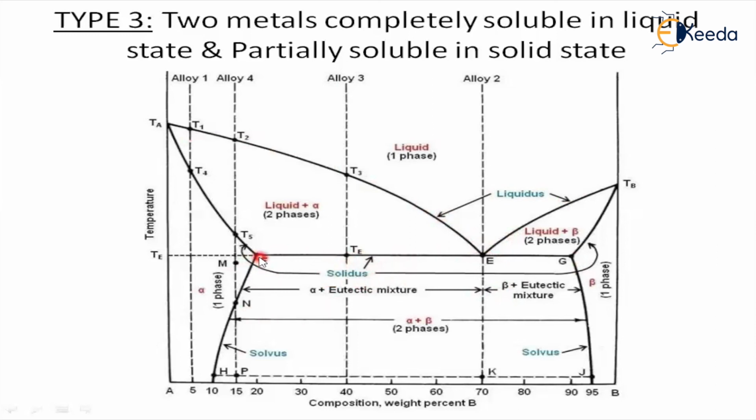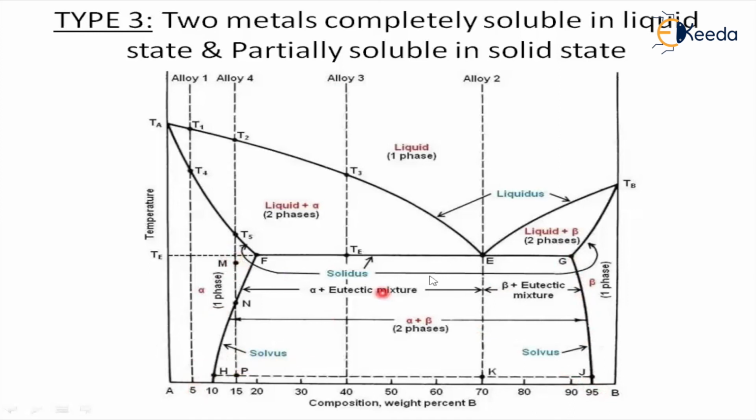And two lines you are observing here, assume them as F, H here, and G, J here. So these two lines are represented as solvus lines.